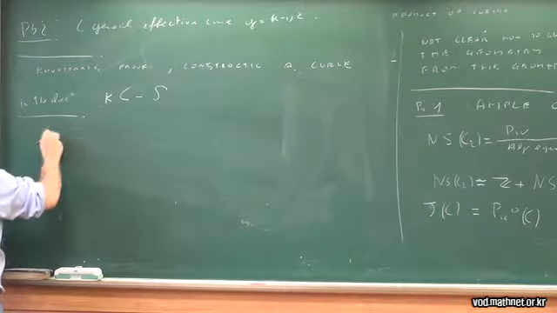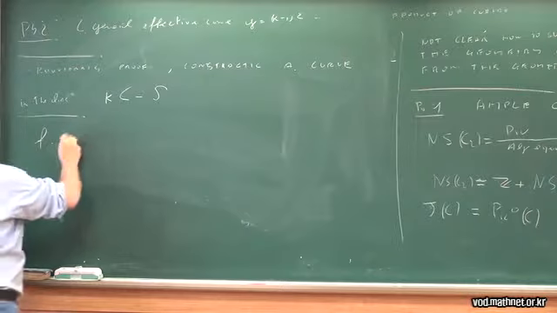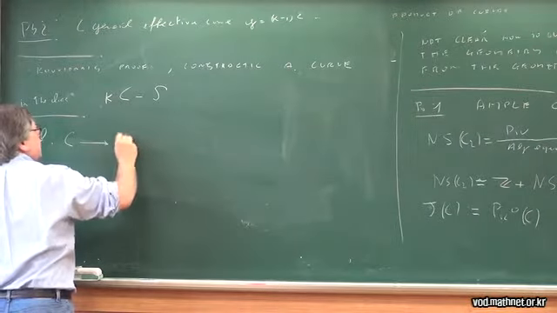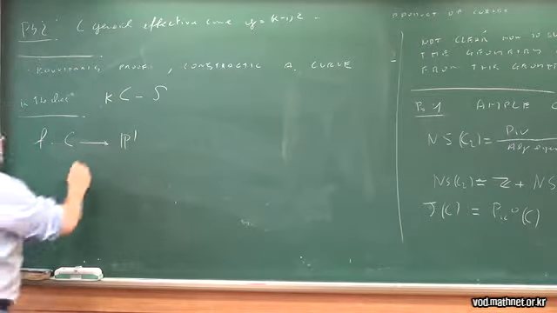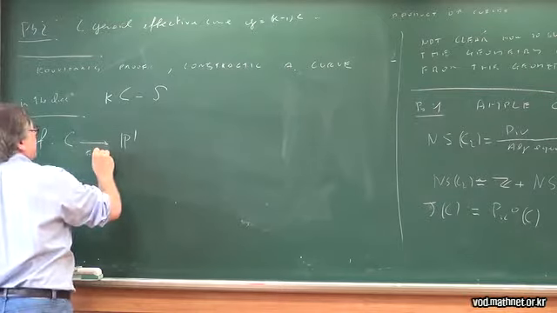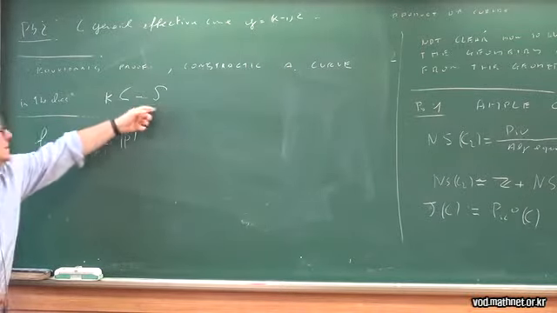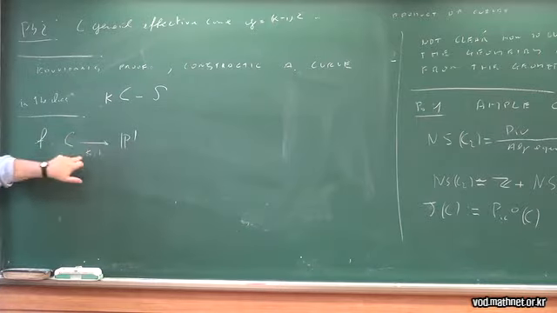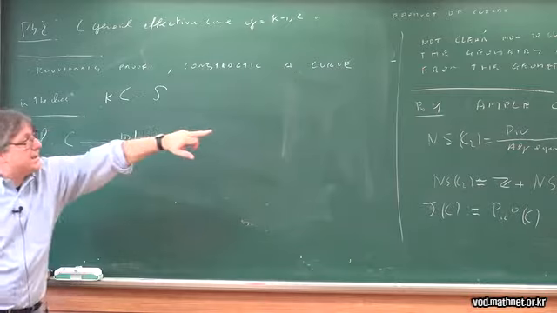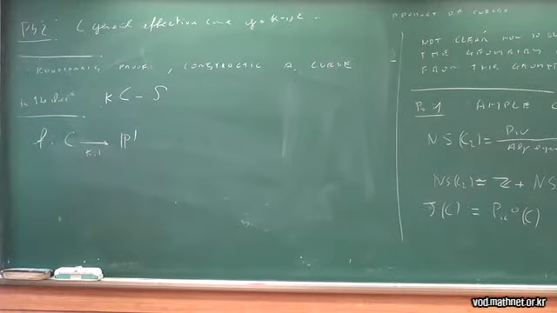You take a curve C that maps onto P1 with degree k, k to 1. So in fact you can construct a curve in this class using this map. We use k, which is the k that we need, but you can construct it in the following way.